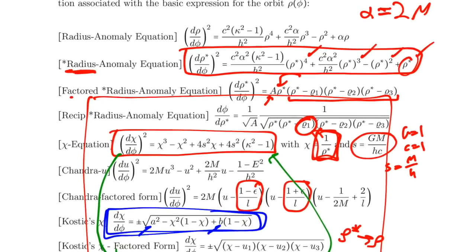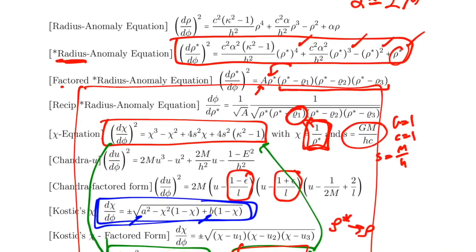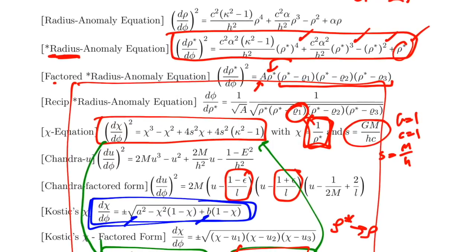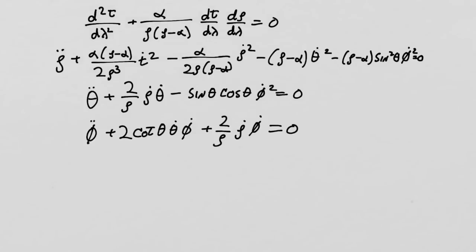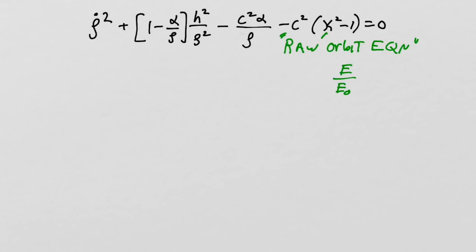All of these ultimately came from the raw orbit equation, and these are all the different versions of the radius anomaly equation. But the geodesic equation led to the raw orbit equation, which led to everything else. So we're kind of going back to that in order to take this next step forward in a slightly different direction.